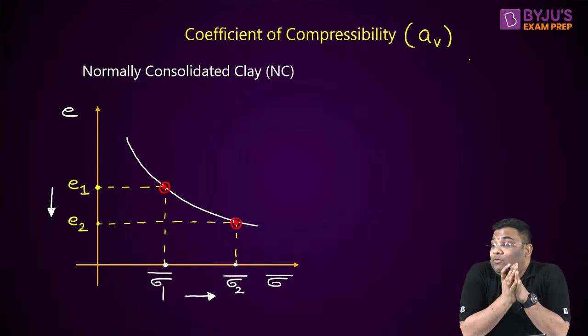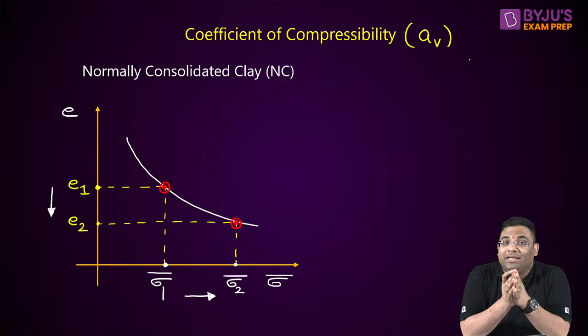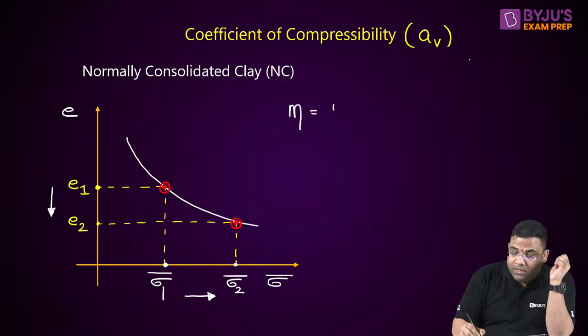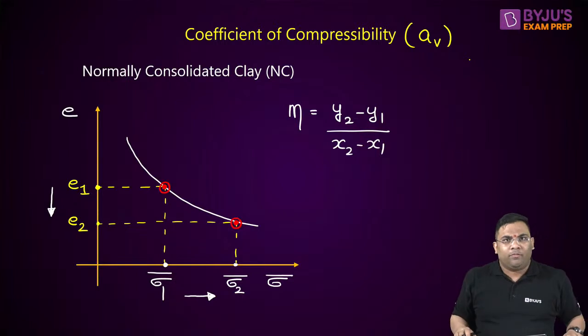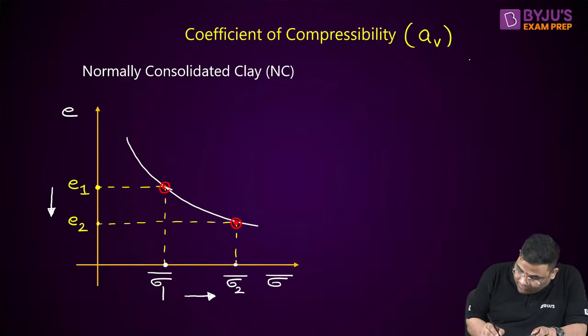Now how do we find the slope? Very easy. Slope is equal to y2 minus y1 by x2 minus x1. This is how we find slope, as we studied in coordinate geometry. It is the average slope. If I want to find the slope between these 2 points, I will join these 2 points.